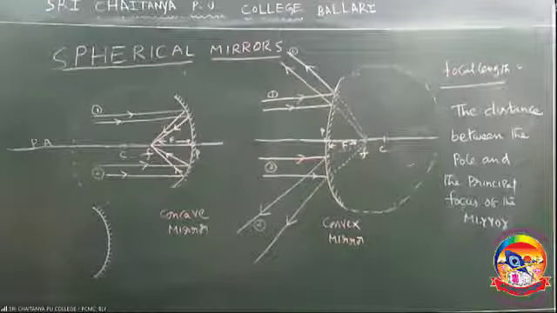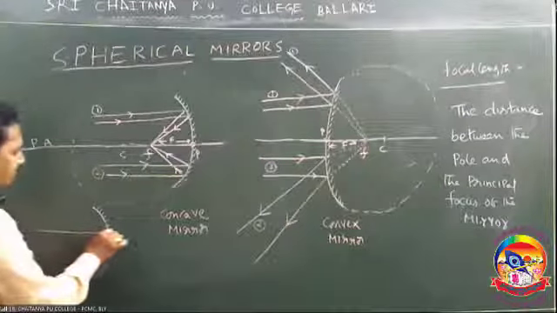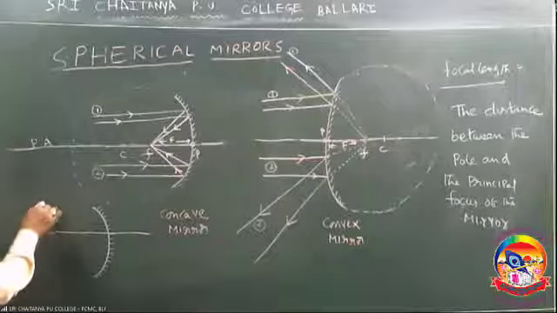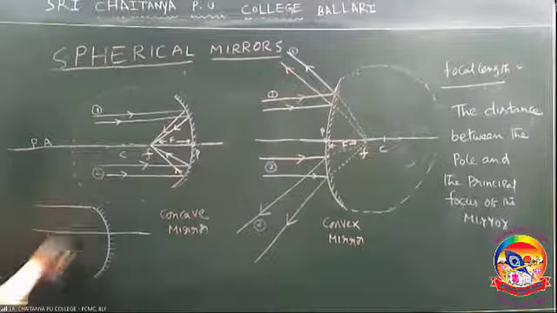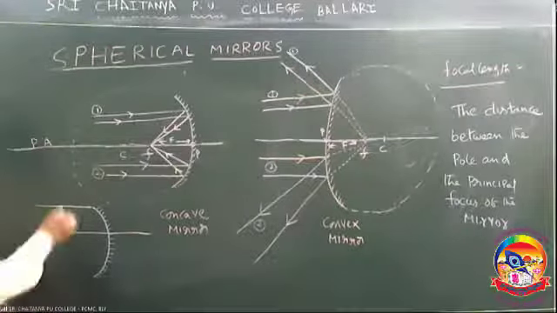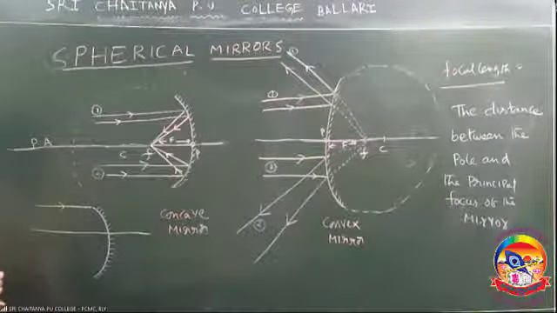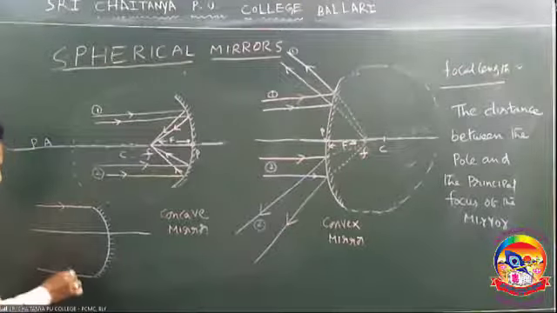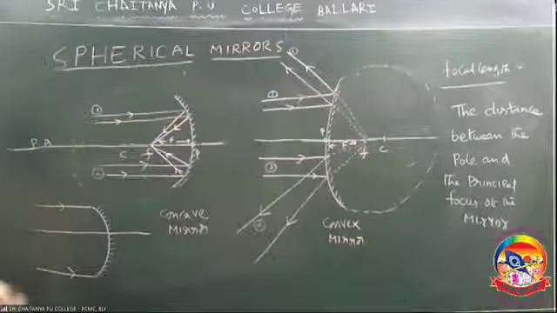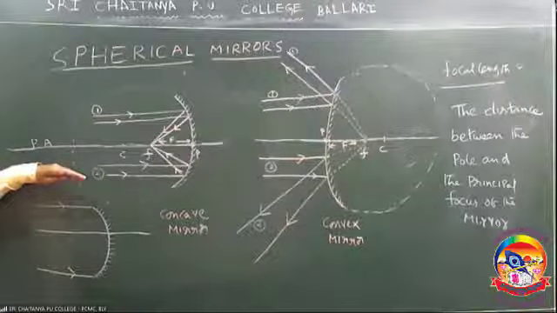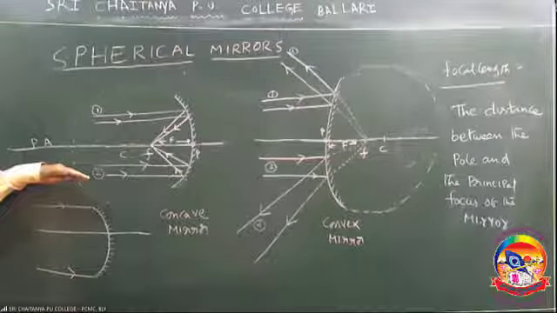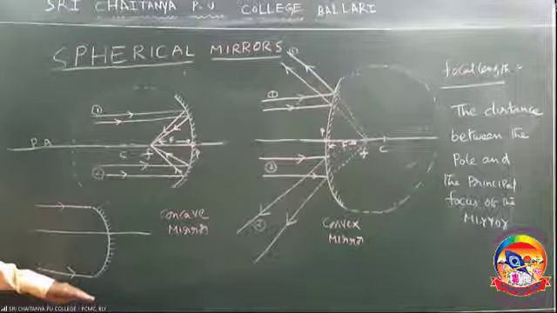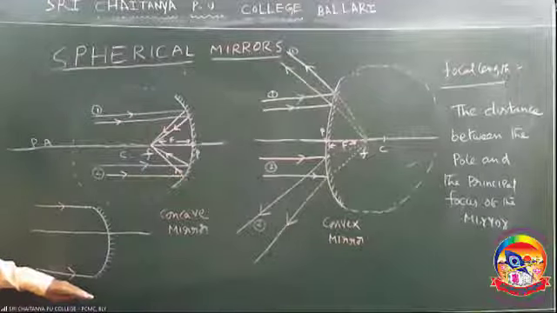This is the principal axis. Take this light ray. Does reflection take place? Yes. Take this extreme light ray. Yes, the reflection will take place. Beyond this light ray, does the reflection take place? No, it is not falling on the mirror. Beyond this light ray also, the reflection does not take place.